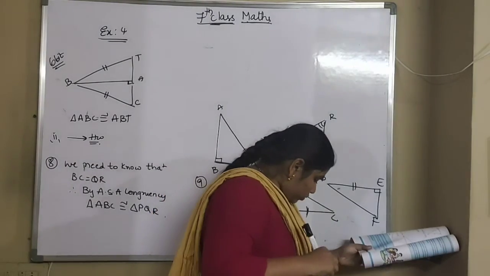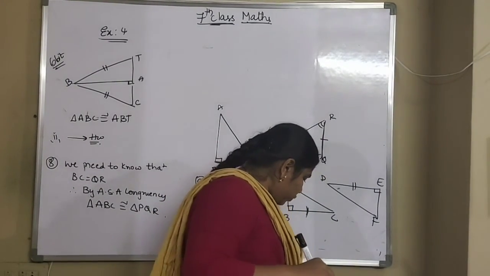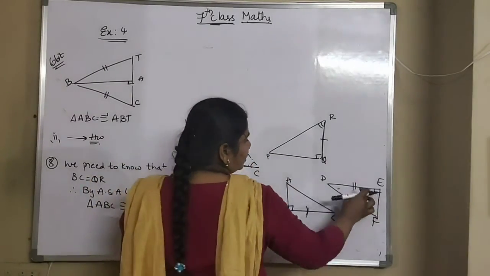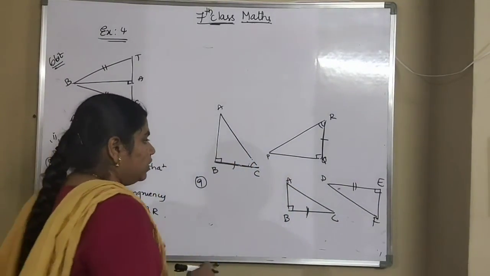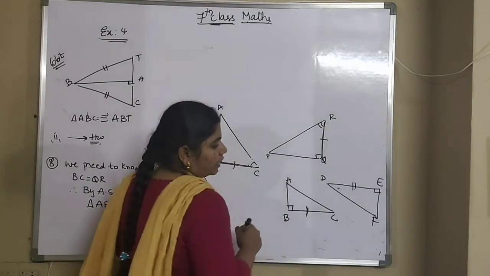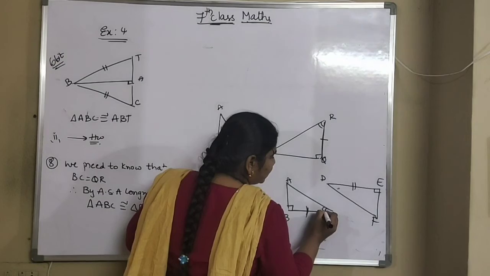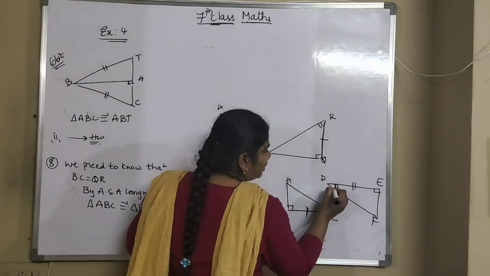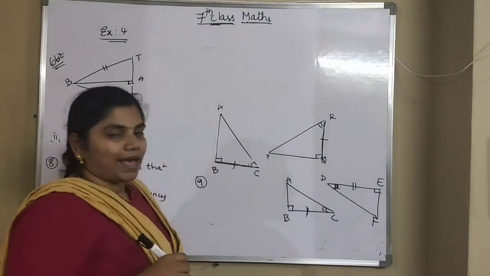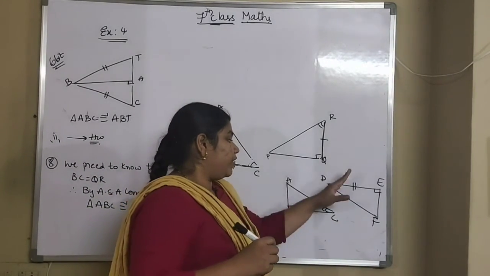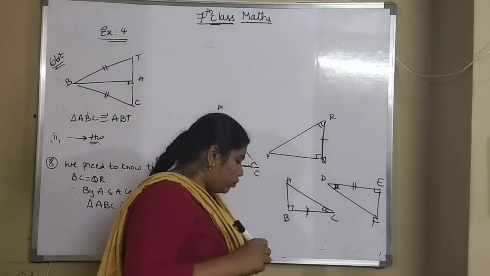By using which congruency can you say these two triangles are congruent? So this angle they have given, and this side and this side they have given. By using the angle sum property, you can say that angle C is equal to angle D.